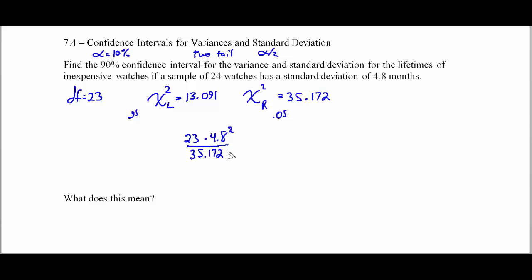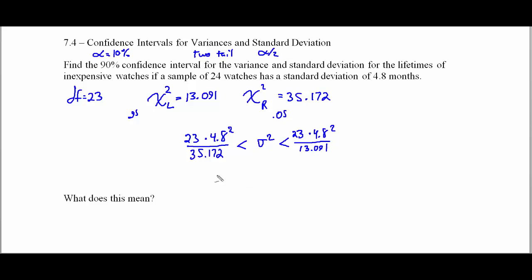Chi-squared right is going to be on the left of this formula, and that's going to be less than the variation, which is less than the other side of the equation, which is the same degrees of freedom times the standard deviation squared, divided by chi-squared left. I said sample size, but I meant degrees of freedom.